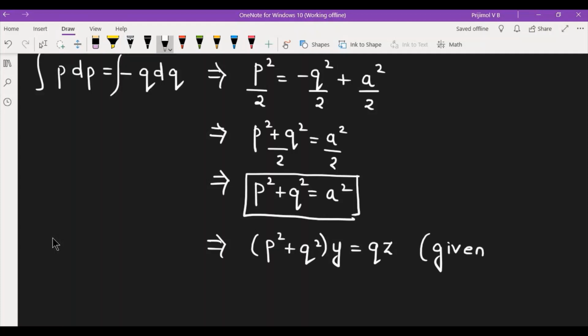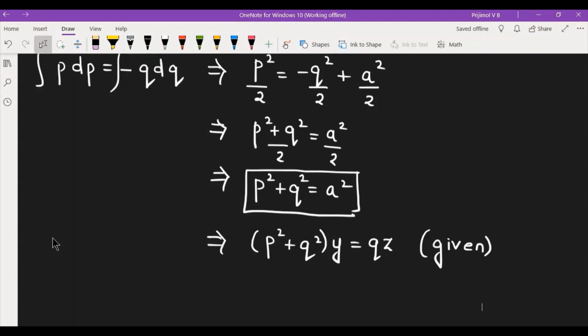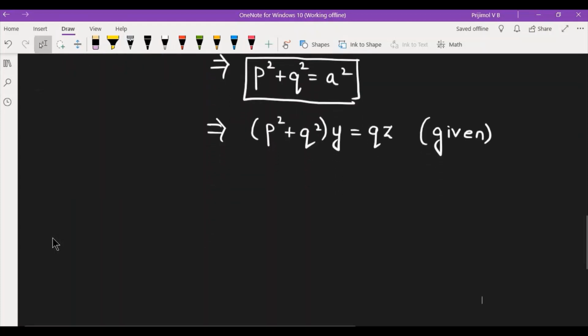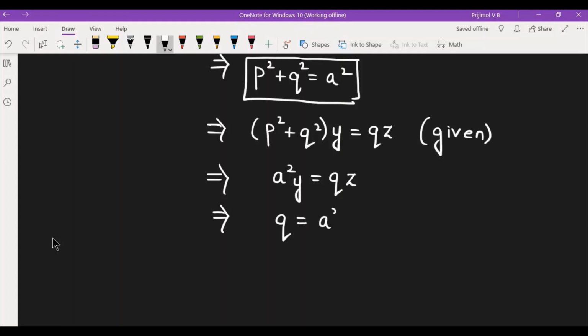Now replace p square plus q square as a square. From this we have obtained q in terms of x, y, z. So q is a square y by z.